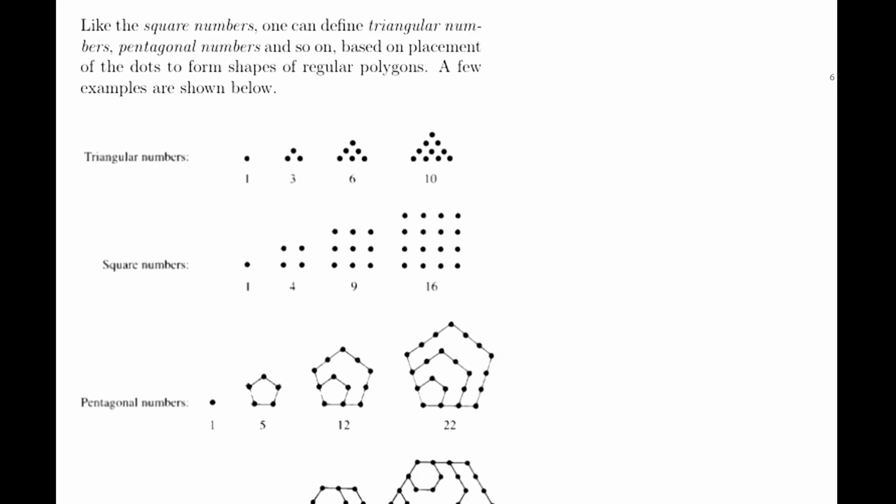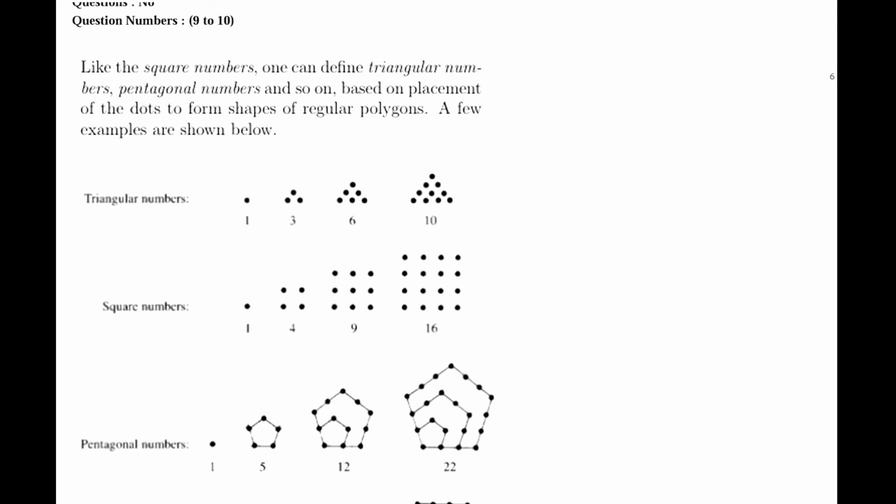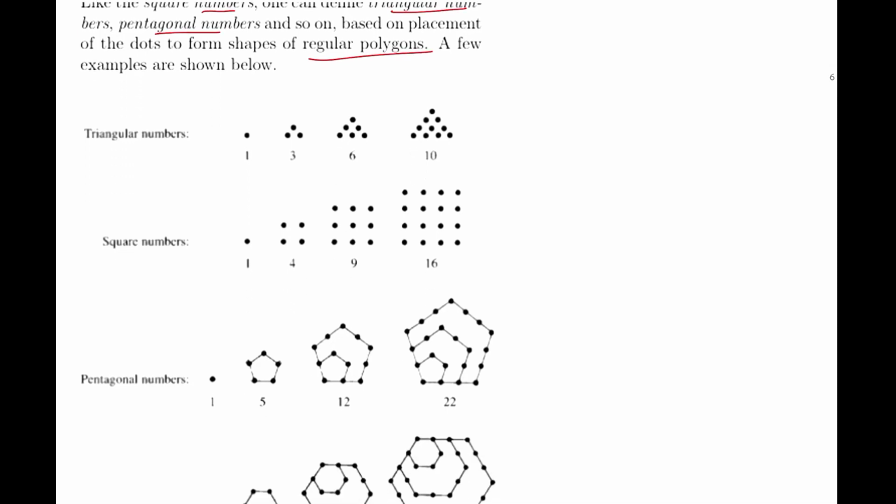Now coming to a bit difficult question. It's a good question, not so difficult. Like square numbers, we have triangular numbers, pentagonal numbers, and so on, which form regular polygons. So if you see here 1, 3, 6, 9, right? There is 1 dot, 2 dot, 3 dot, 4 dot. So generally what happens in these numbers is if there is n number of dots here, then there is n minus 1 dots here, n minus 2 dots here, and so on till you have 1 dot, right?